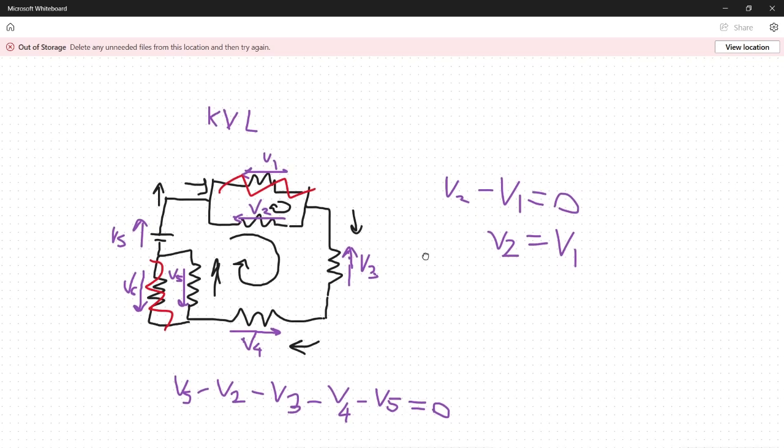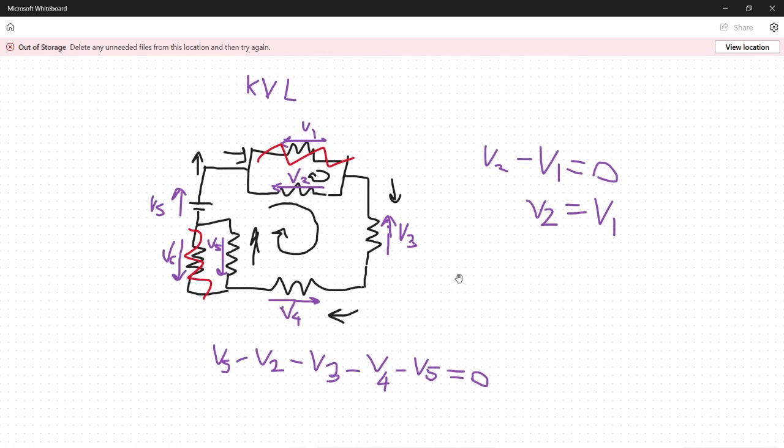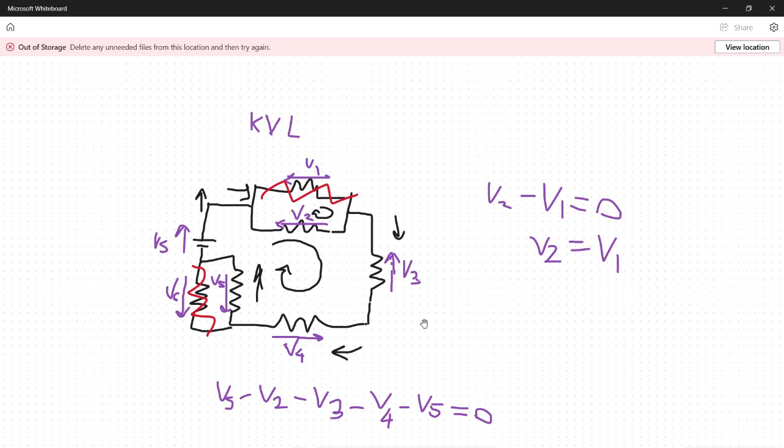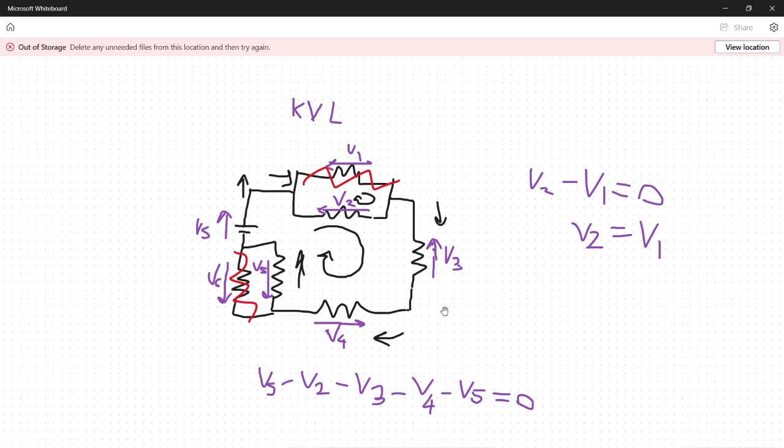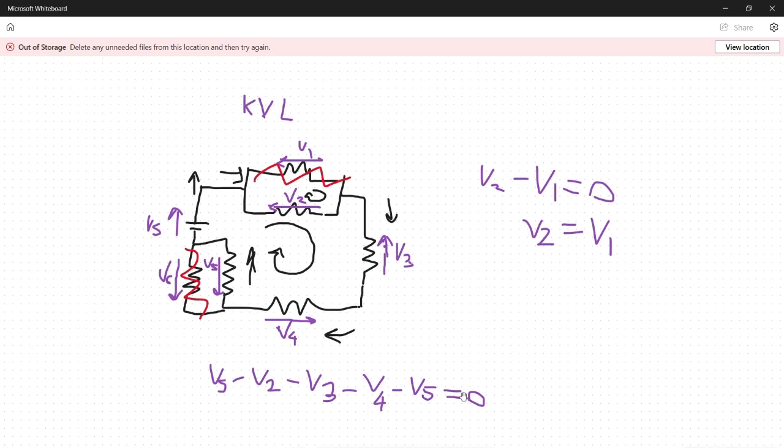And you notice all these sorts of combinations, and I still don't fully understand why it works. But all I know is it does, and it holds true that any voltages, when added or subtracted along a loop, will always equal 0.